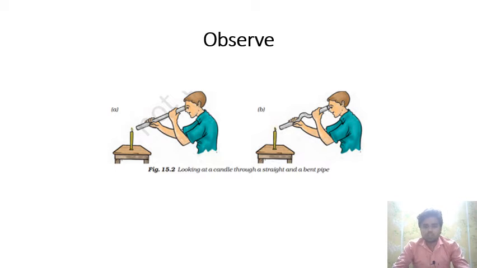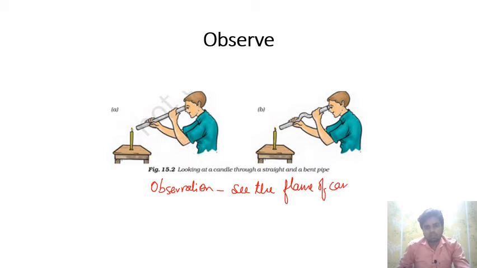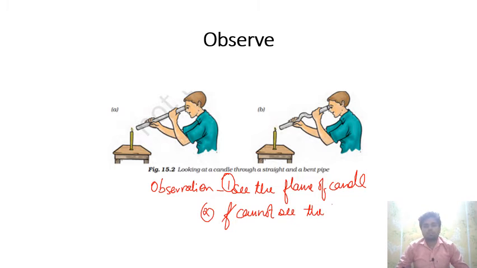Why was it so, students? The observation is that in the first case the person can see the flame of the candle, but in the second case the person cannot see the flame of the candle.